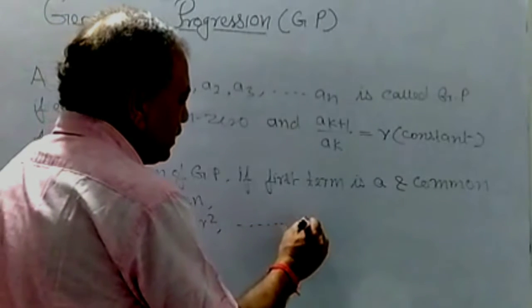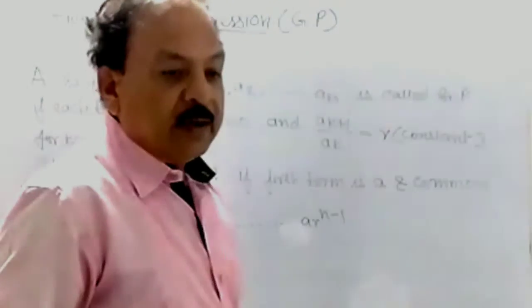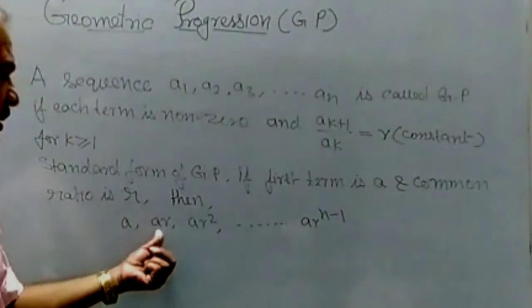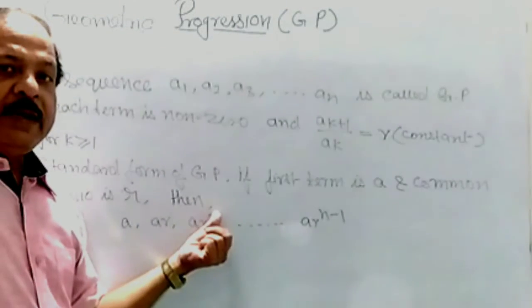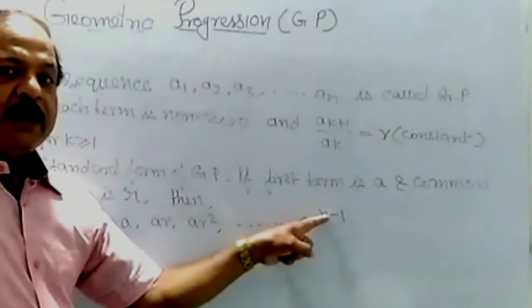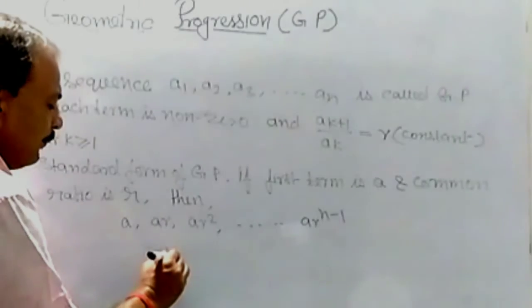The first term is A, the second term is AR^(2-1), the third term is AR^(3-1), and the nth term is AR^(n-1).